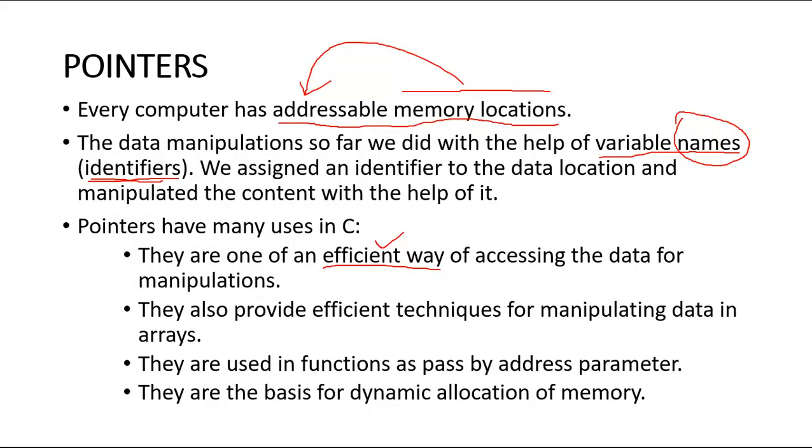So that you remember, that is our first point of consideration. Whenever I say memory addresses, those are nothing but your pointers. So why are we using pointers to manipulate the data? Because they are an efficient technique of manipulating the data.